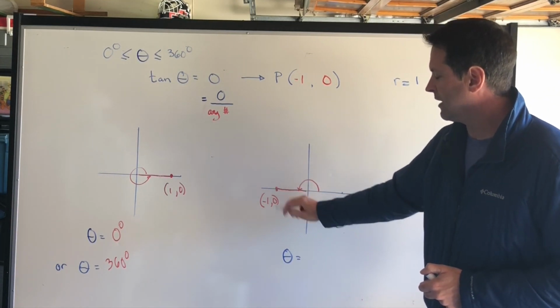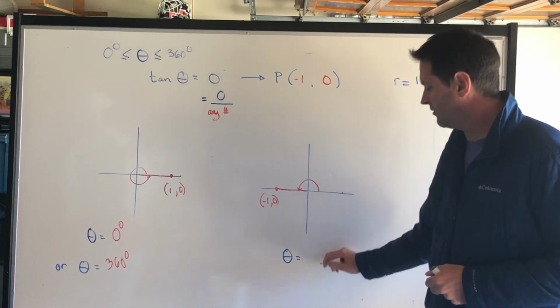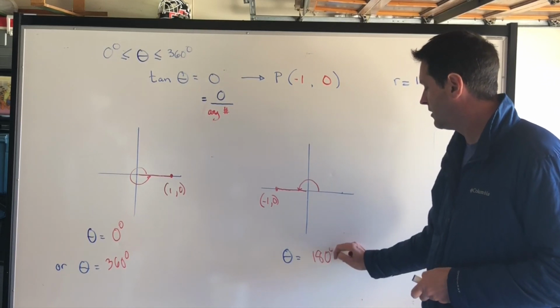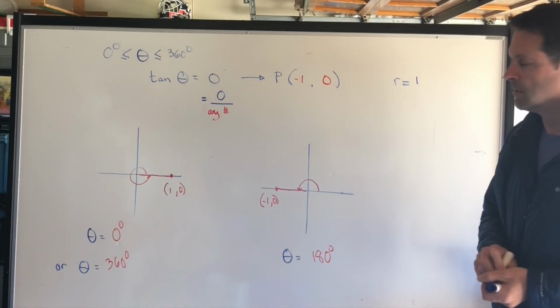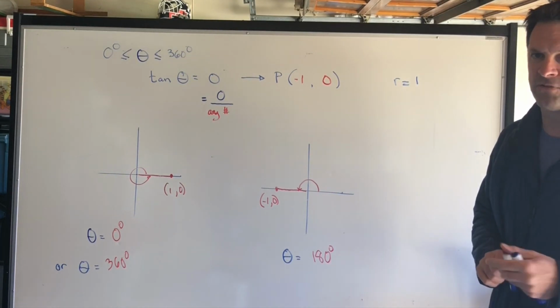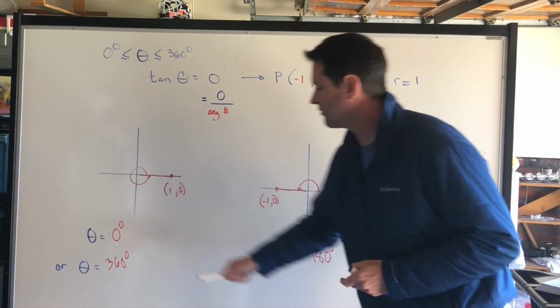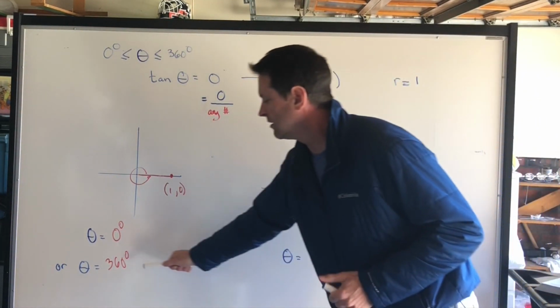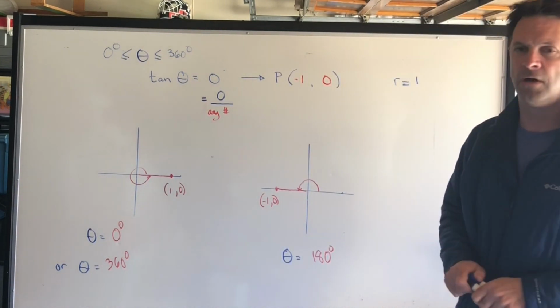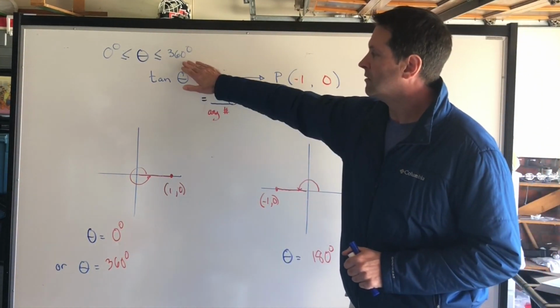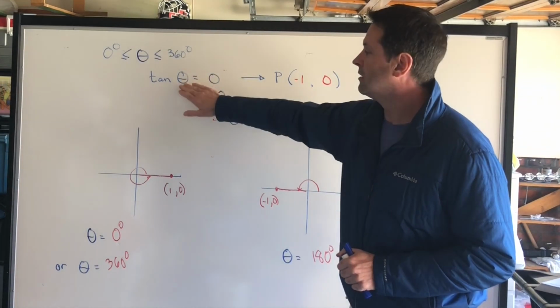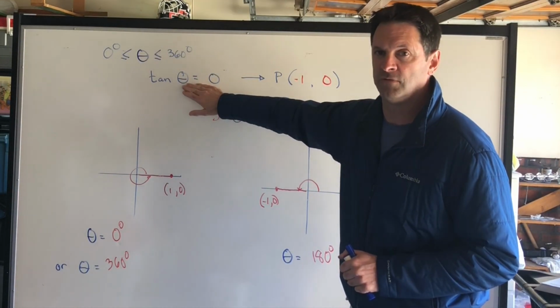And point P would be at negative 1 and 0. Wow, well that angle we can see is 180 degrees. 3 answers for this question. 0 degrees, 180 degrees, 360 degrees. All 3 of them satisfy the domain here and have a tangent value of 0.